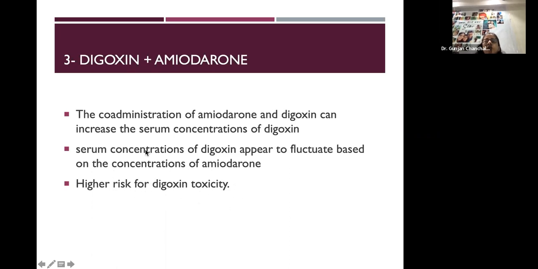Digoxin toxicity can cause tachyarrhythmias as well as bradyarrhythmias. So digoxin is a highly toxic drug, but when arrhythmias like atrial fibrillation are not controlled, many cardiologists have a tendency to add digoxin as a second drug to amiodarone, but it can increase the toxicity to a very high level.